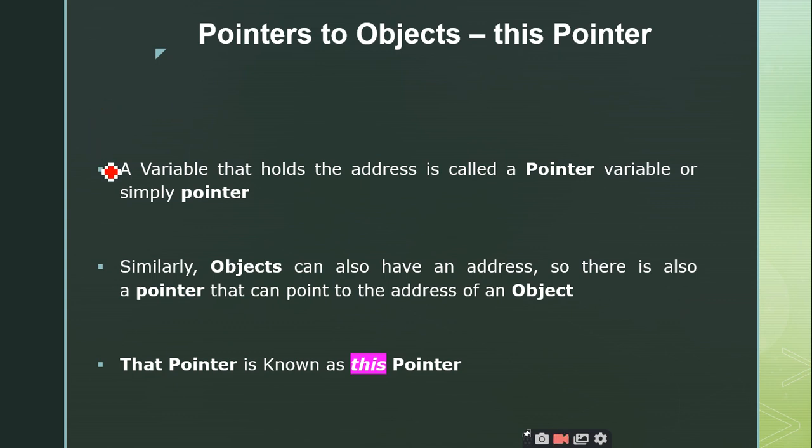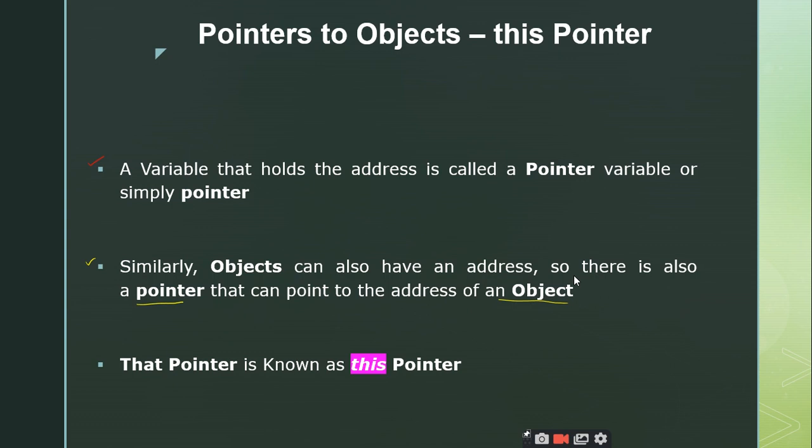So coming to the actual discussion, pointers to objects, we know that a variable that holds the address of another variable is called a pointer variable, or we can simply call it a pointer. Right. And similarly, objects can also have an address, and so there is also a pointer that can point to the address of an object.